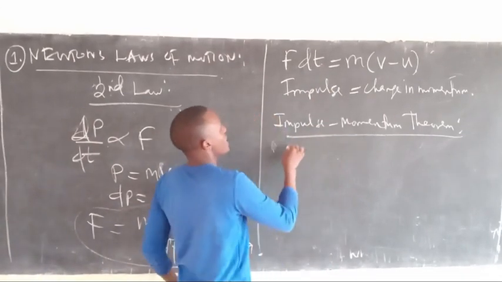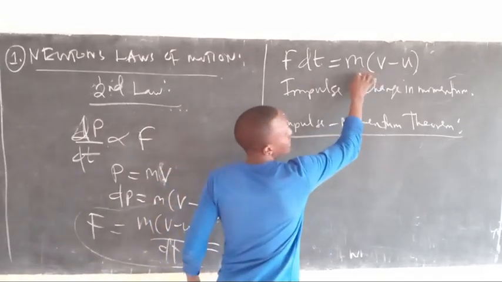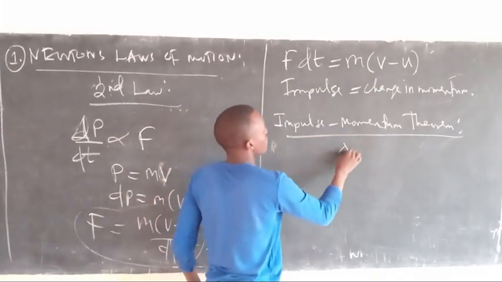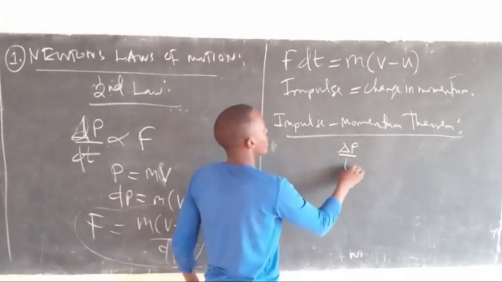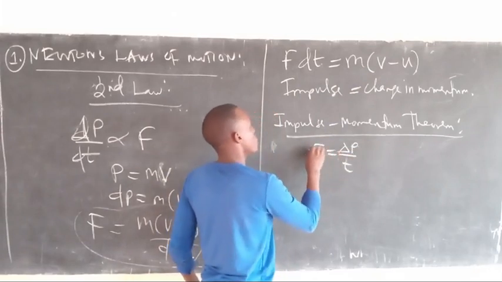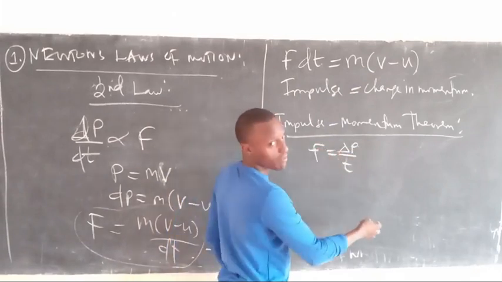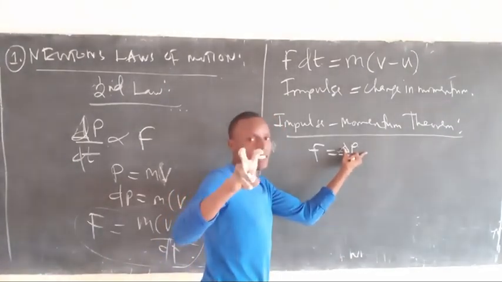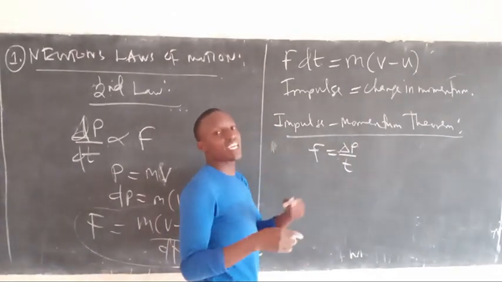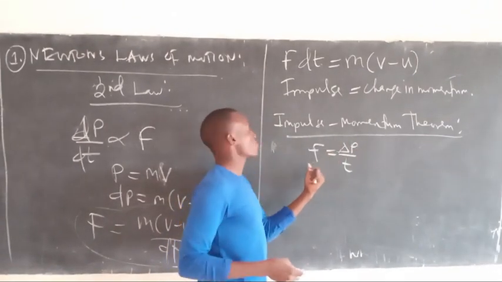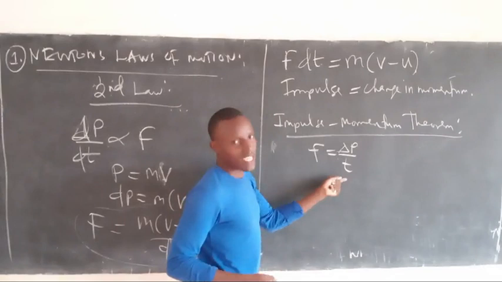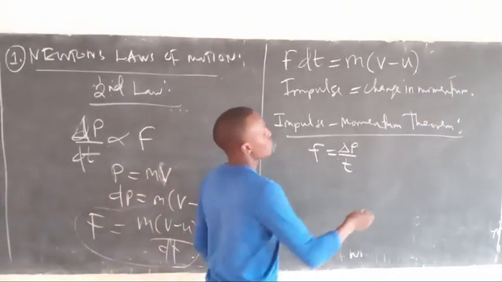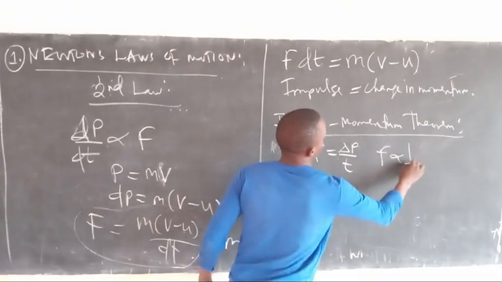Whenever you want to give a certain change in momentum, force is inversely proportional to time. For this, the momentum should be constant. So whenever you want to produce a given momentum, the force is inversely proportional to time. So F is inversely proportional to time.